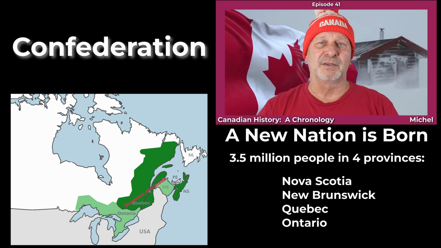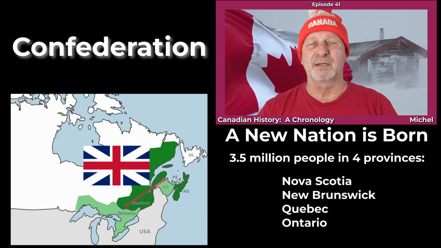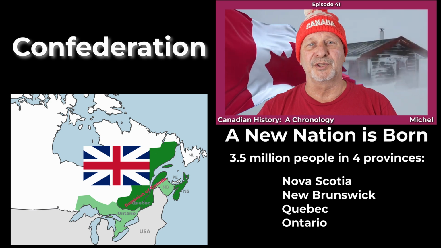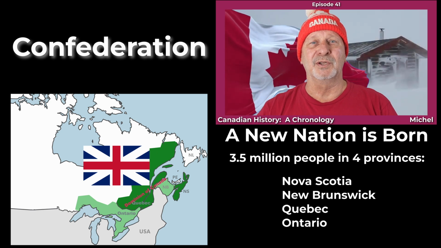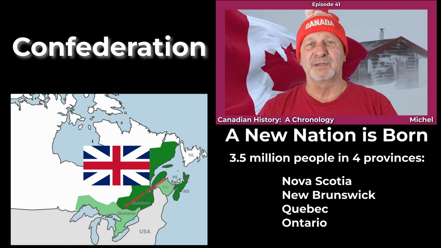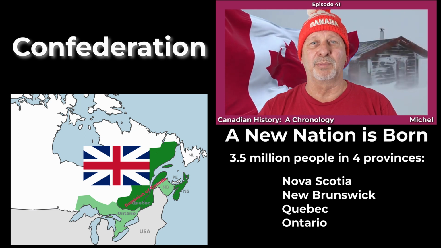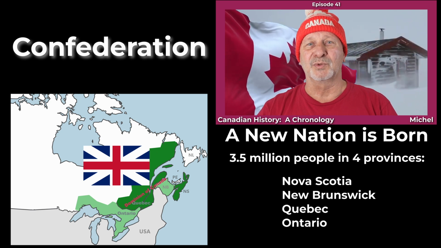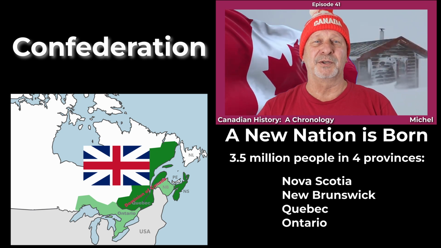It's important to note at this time that the BNA Act did not grant Canada full independence. Canada was still a part of the British Empire, and Canadians were still British citizens. The Queen was still head of state, and Britain still called the shots in matters of diplomacy and international defense. But the BNA Act was still a giant step forward.